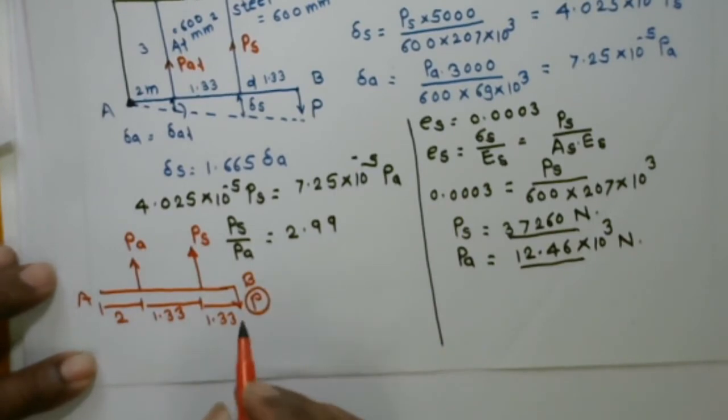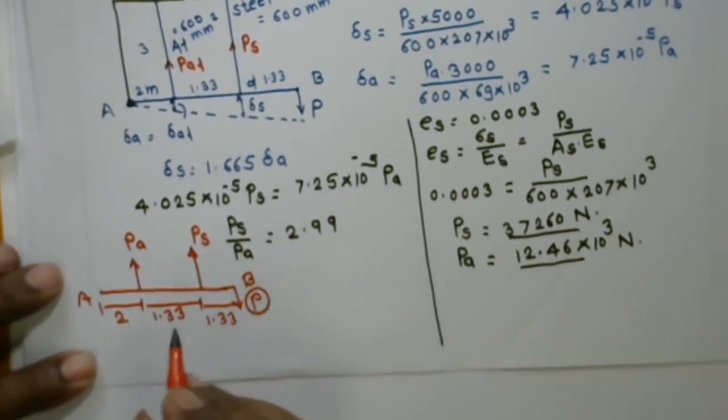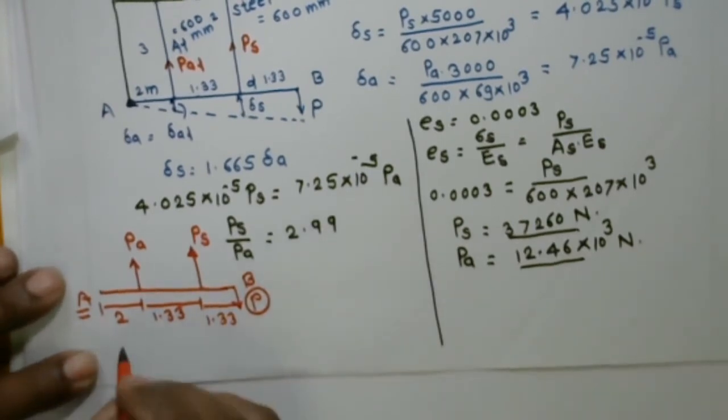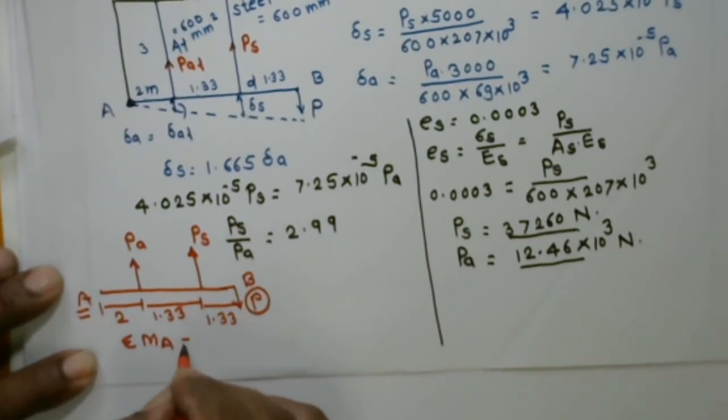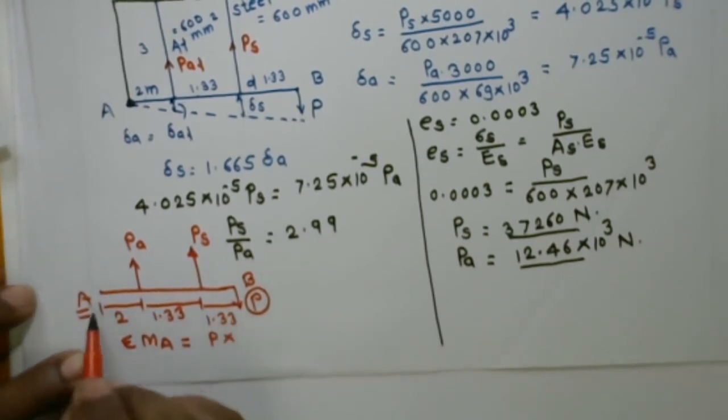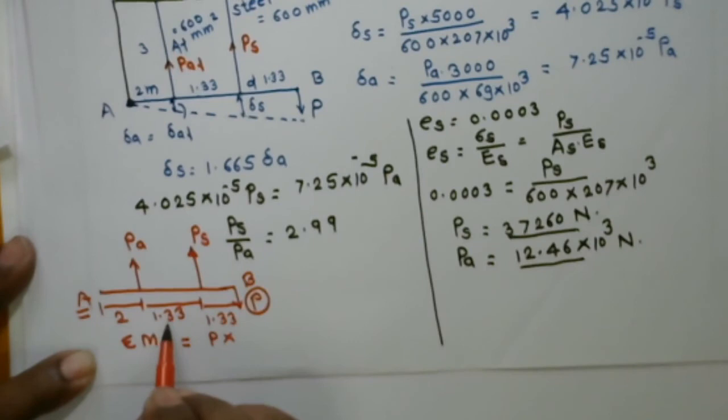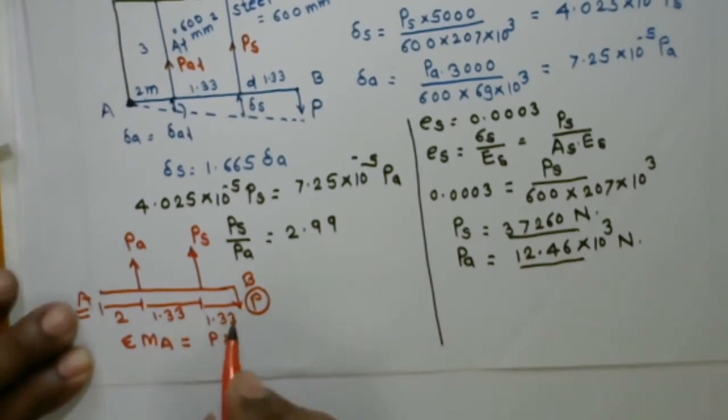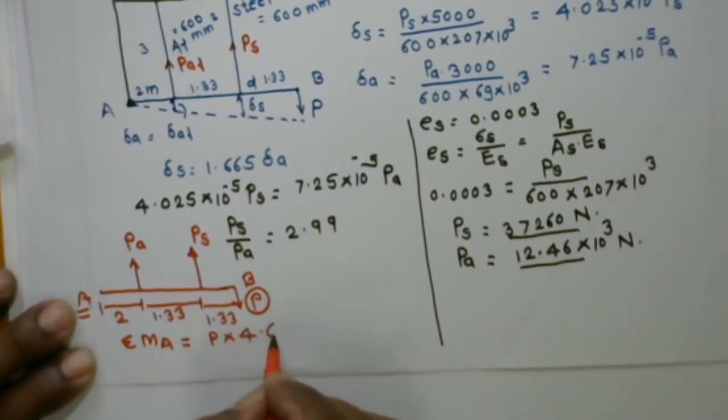So in that case, value of P we may calculate, so we have to take the moments about point A. So taking the moments about point A, moment is nothing but it is the force into distance. So force P into total distance up to the point A, 2 plus 1.33 plus 1.33. So it becomes 4.66.